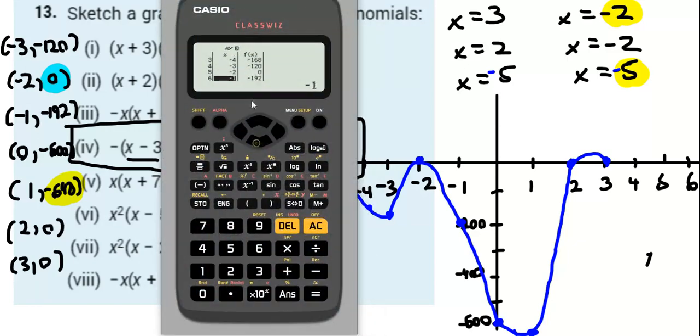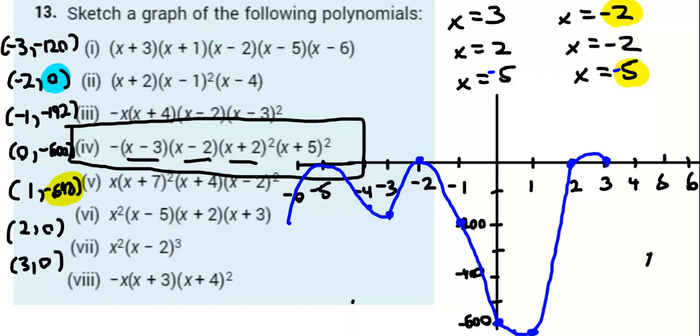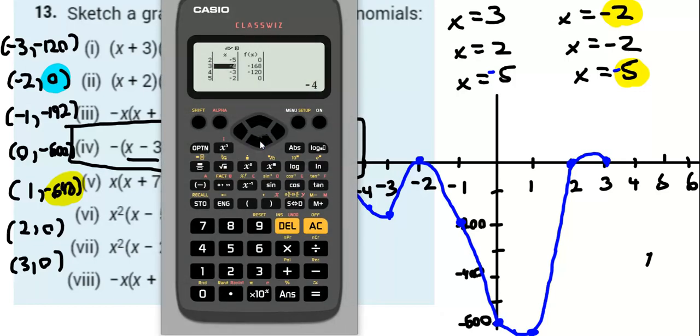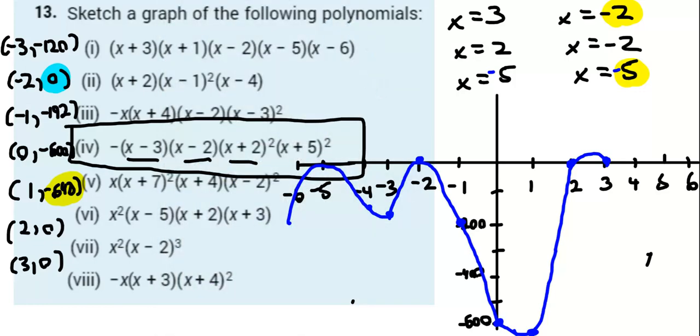Because minus 5 is... Yeah, because minus 4... Oh, sorry. Oh, yeah, I do. That'd be on its way down, doesn't it? Yeah. Minus 120. So like that. And then up. Yeah, that's it.